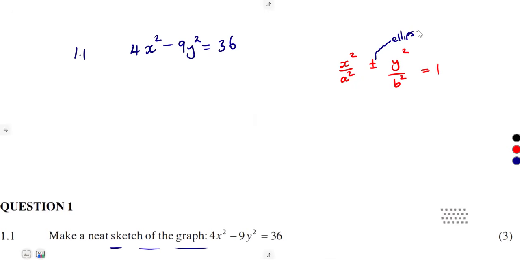For the ellipse. And the negative, if we see it, is for a hyperbola, that one, a non-rectangular hyperbola. All right, remember this concept.